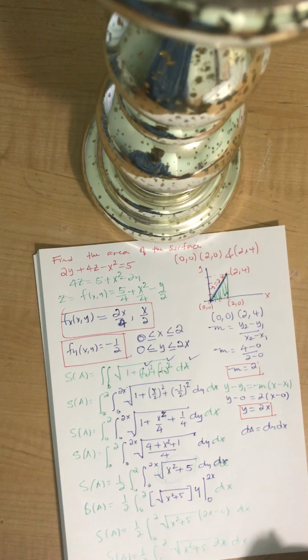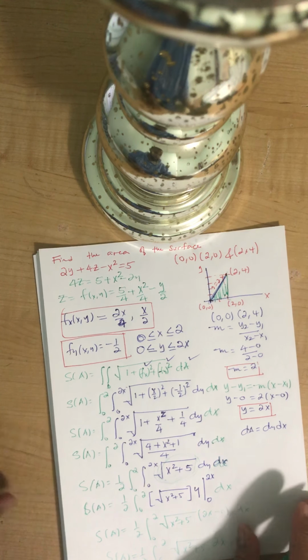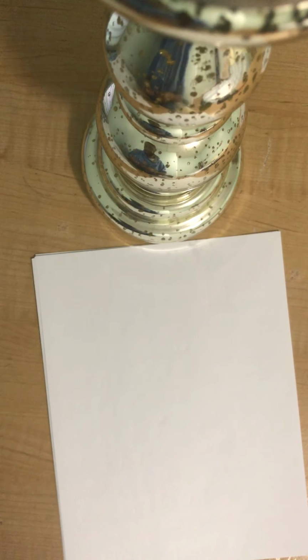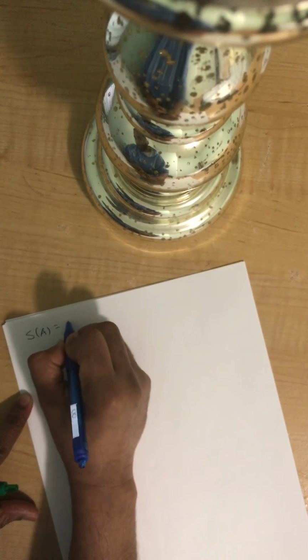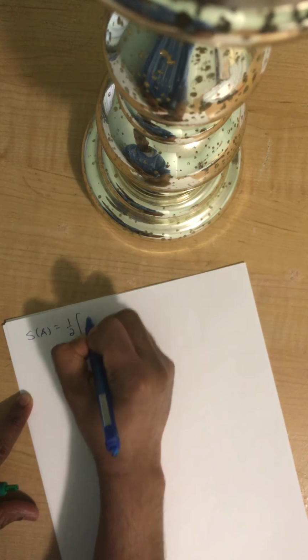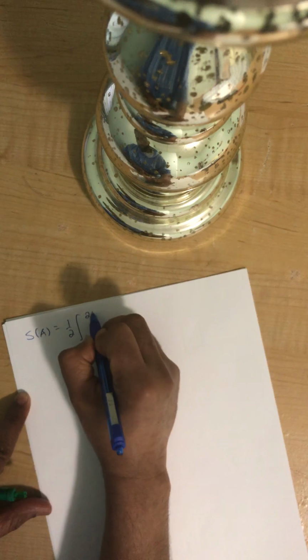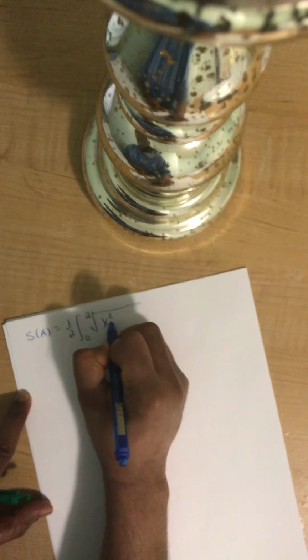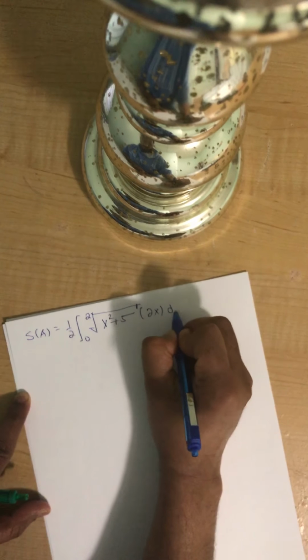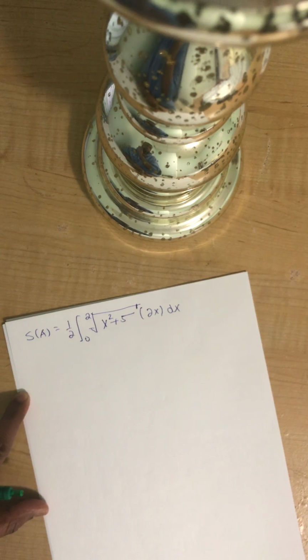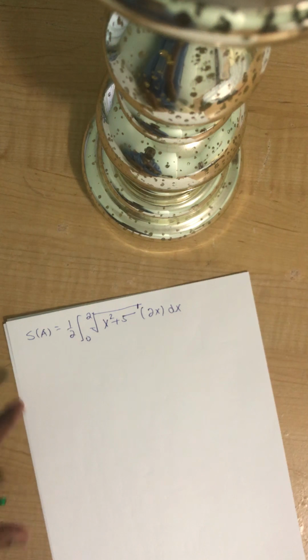Alright, my next step is to integrate the rest of the integral. I'm going to use a new paper. Let me rewrite the equation again, 0 to 2. All right, so to solve this integral, I'm going to use a technique called u-sub.